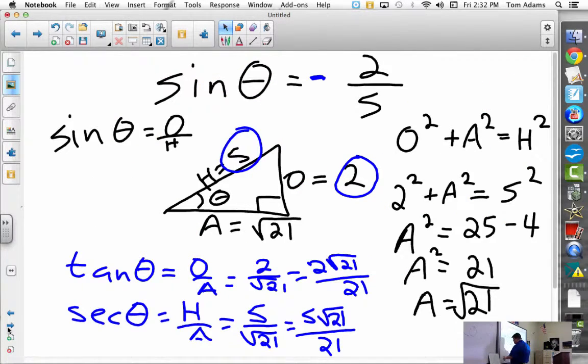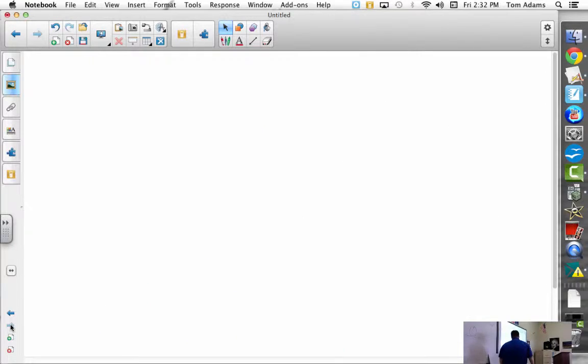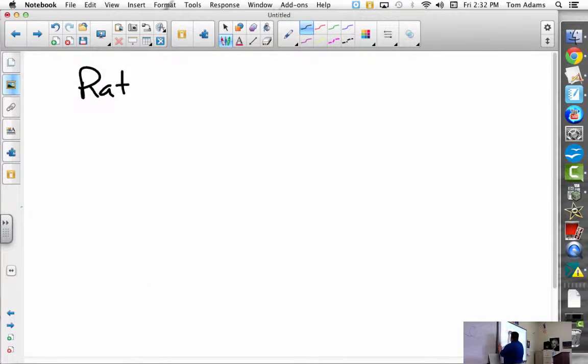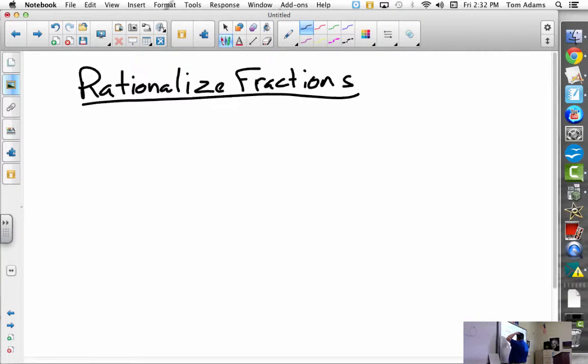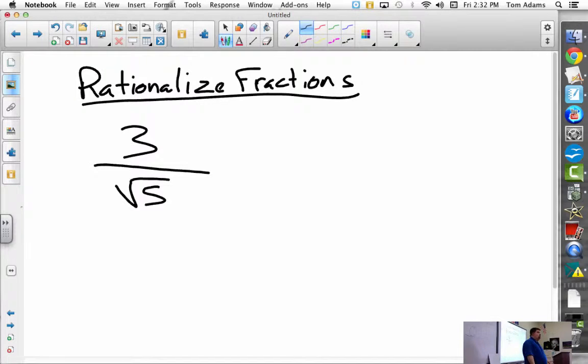Let's review this. How to rationalize: if I have 3 over the square root of 5, we don't like to have square roots on the bottom of a fraction.